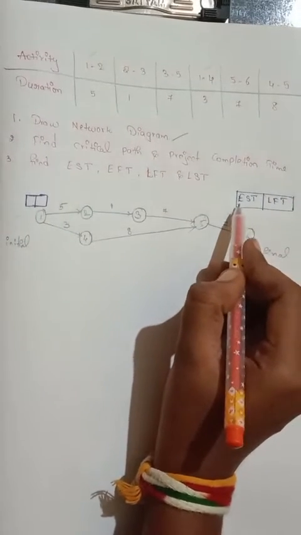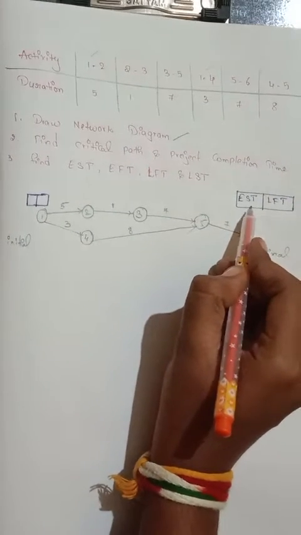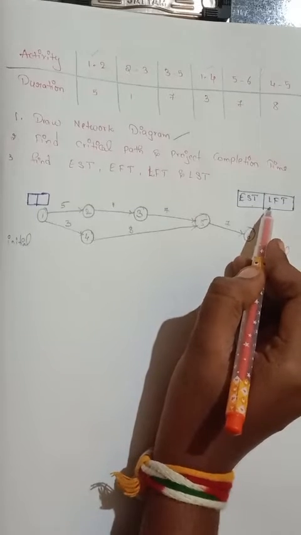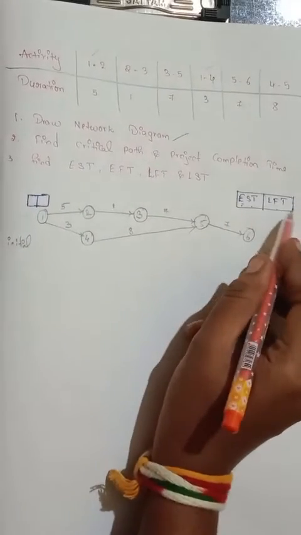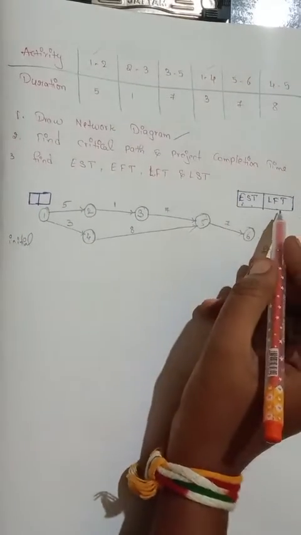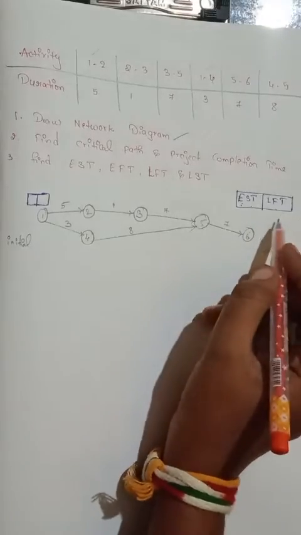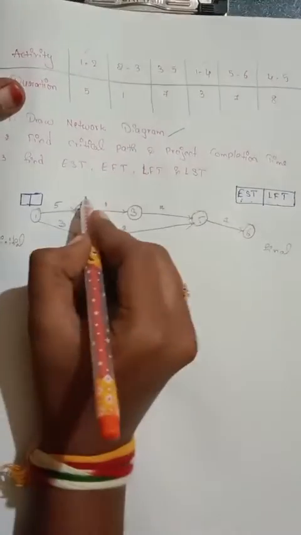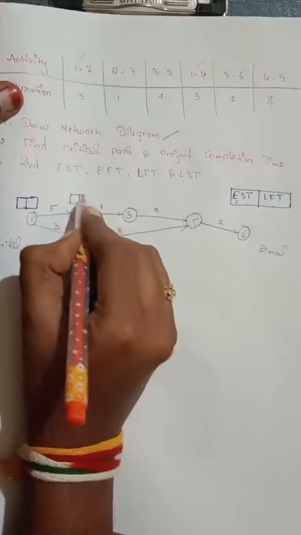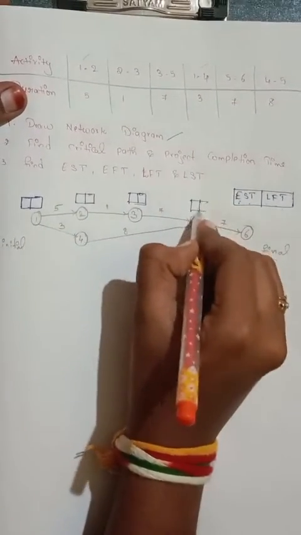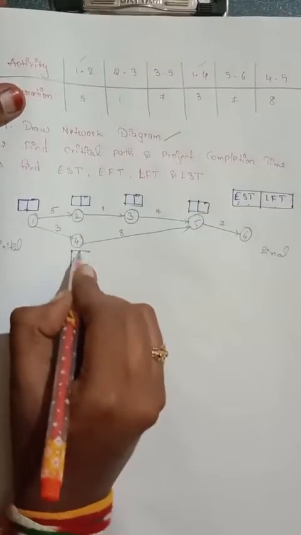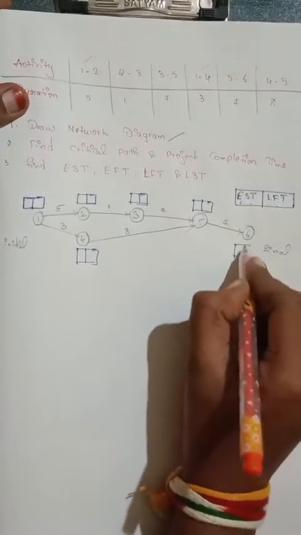EST means earliest starting time, LFT means latest finished time. At what time you have started, it is the EST. At what time you have finished, latest finished time, it is the LFT, guys. Now for each and every node, just draw the 2 boxes. So here these are the 2 boxes.